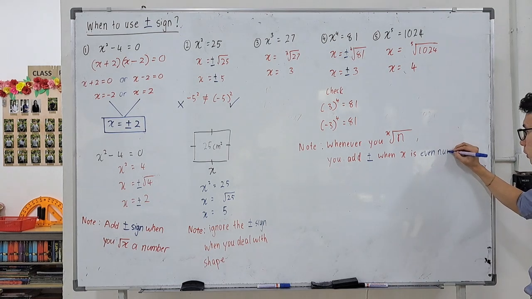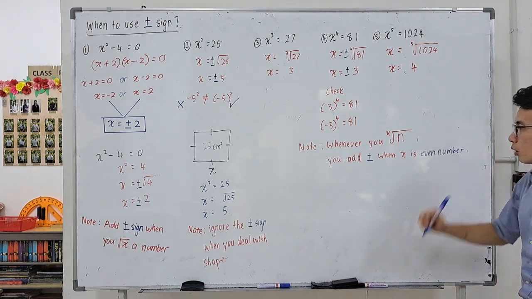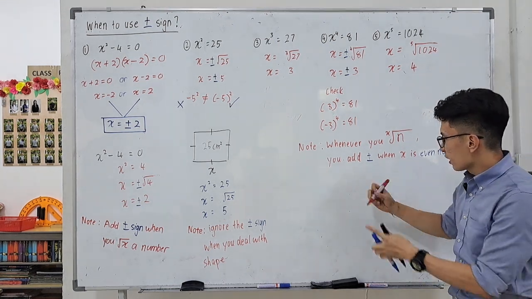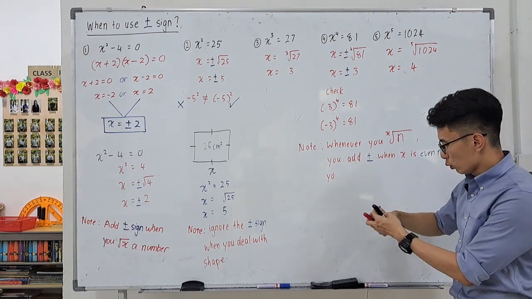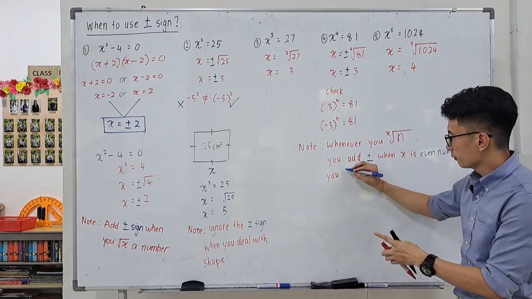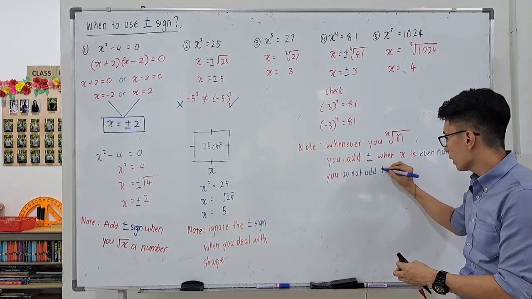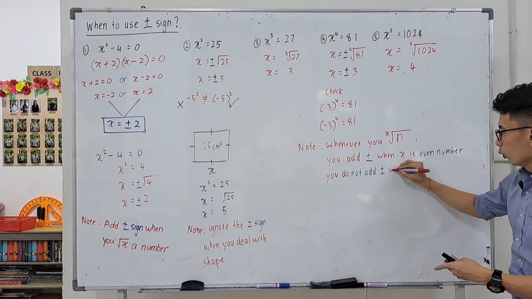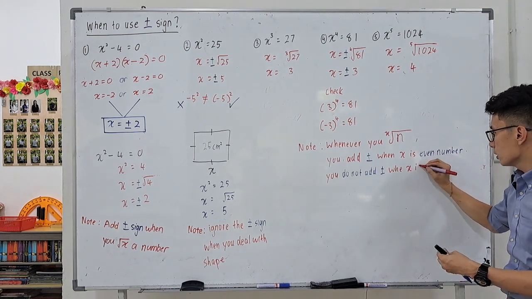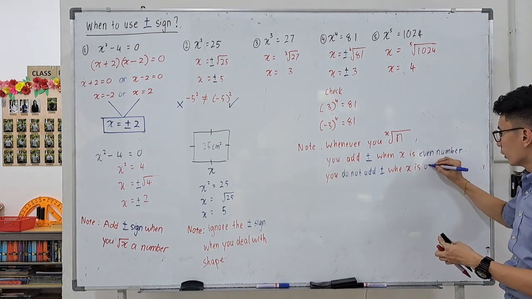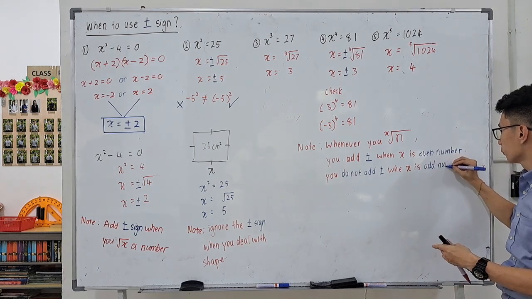This is the keyword over here. And then I can say you do not add the plus minus when x is an odd number over here.